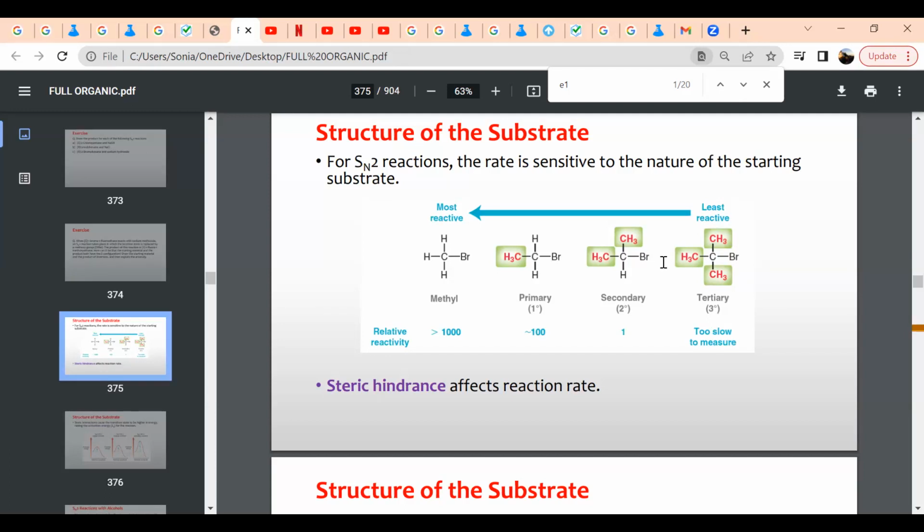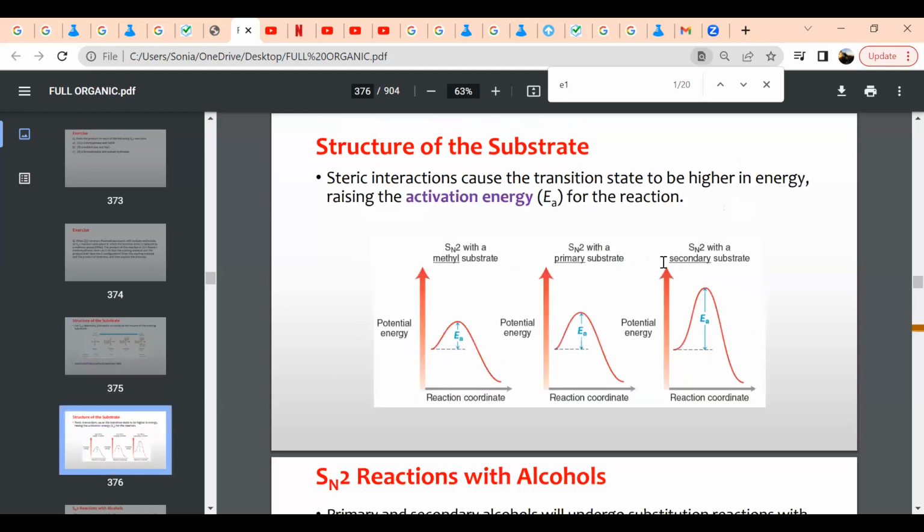That's what explains the rate of the reaction when it comes to the nature of the starting substrate. The methyl substrate is much faster because hindrance is much less compared to a tertiary substrate. The rate decreases when you move from methyl to tertiary substrates.